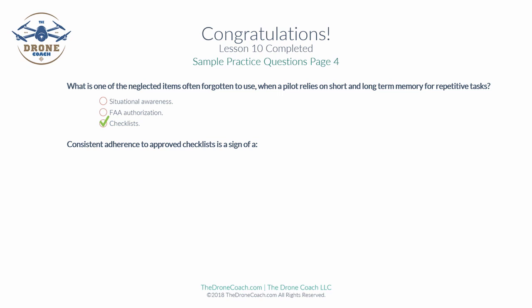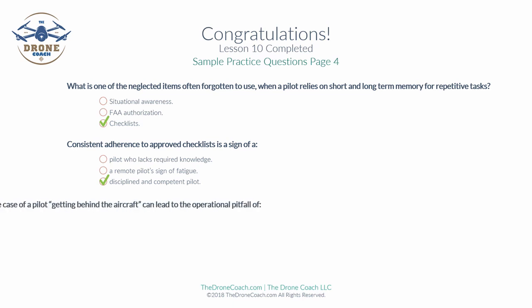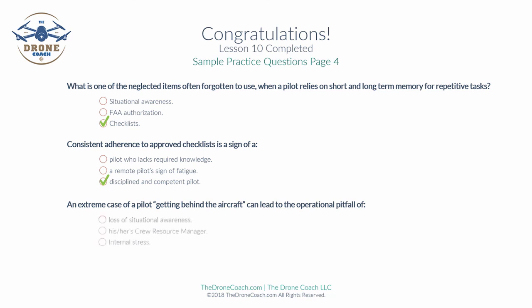Consistent adherence to approved checklists is a sign of a disciplined and competent pilot. An extreme case of a pilot getting behind the aircraft can lead to the operational pitfall of, remember that, loss of situational awareness.